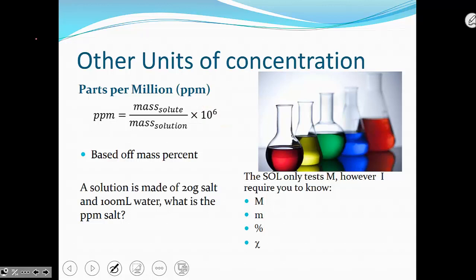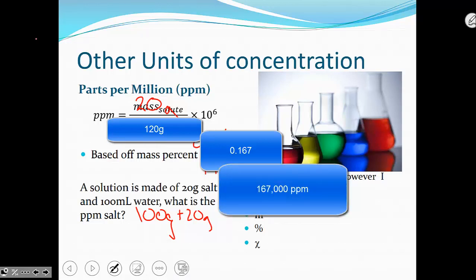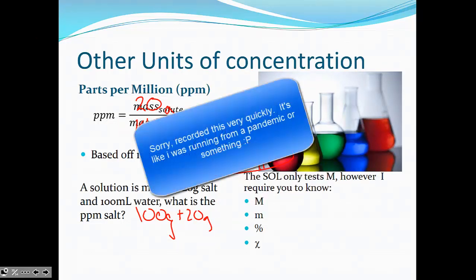So if I have 20 grams of salt in 100 grams of water, that means I have 100 grams of water and 20 grams of salt for a total mass of 140 grams. 20 divided by 140 is 0.14 times 10 to the 6th is 143,000 parts per million.